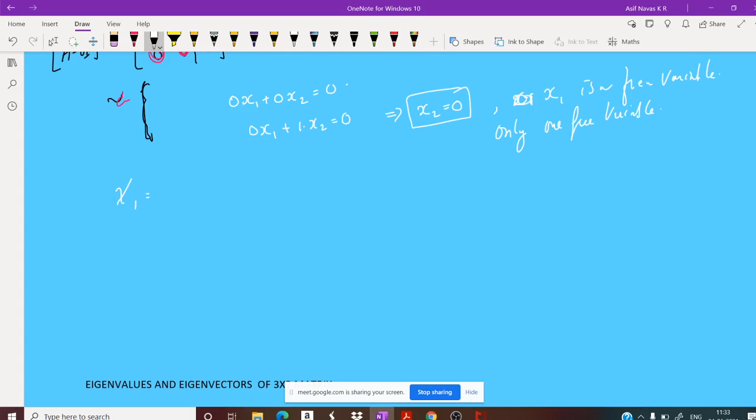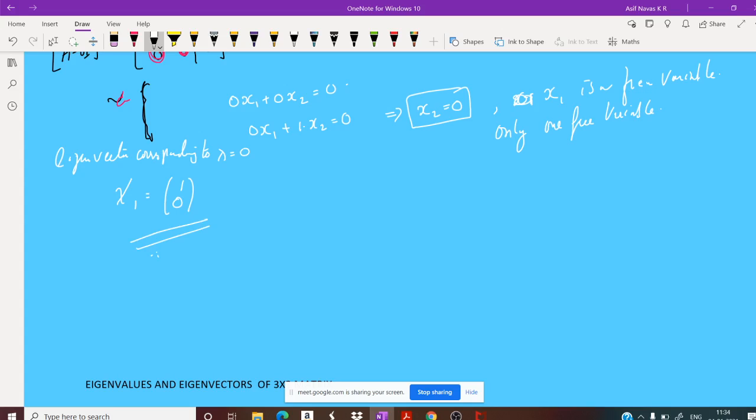The eigenvector corresponding to lambda equal to 0: x2 is fixed, right? 0. Now what is x1? You give any value. 1. So this is a non-zero eigenvector. Therefore, the eigenvector corresponding to lambda equal to 0 is (1, 0).